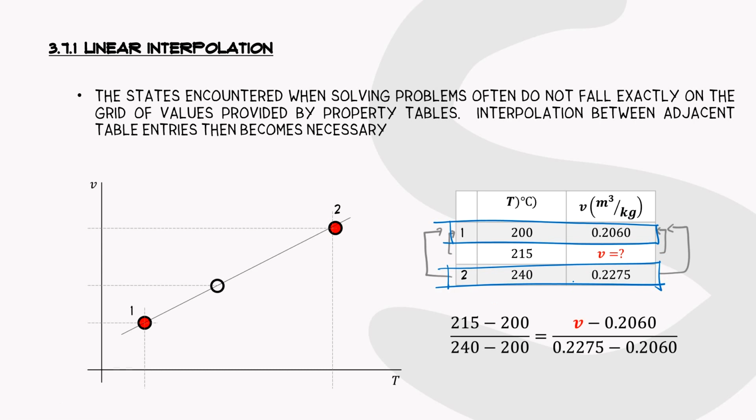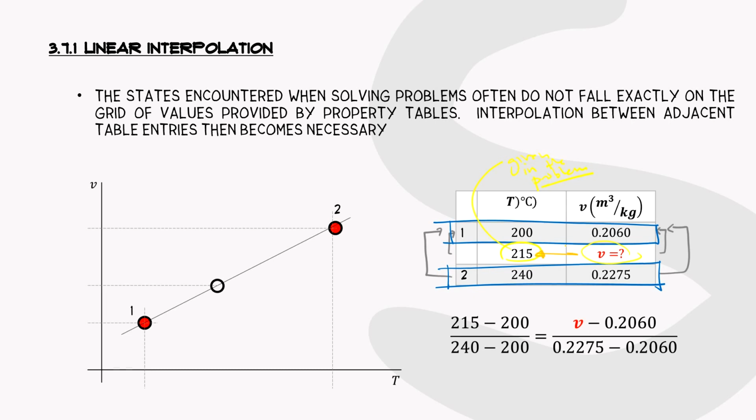So the blue box here corresponds to some table values. That means we obtain this data from the table, and we are going to find the value in between. So here, let's say 215 is the given value in the problem, and we are asked to solve for this volume at this temperature.